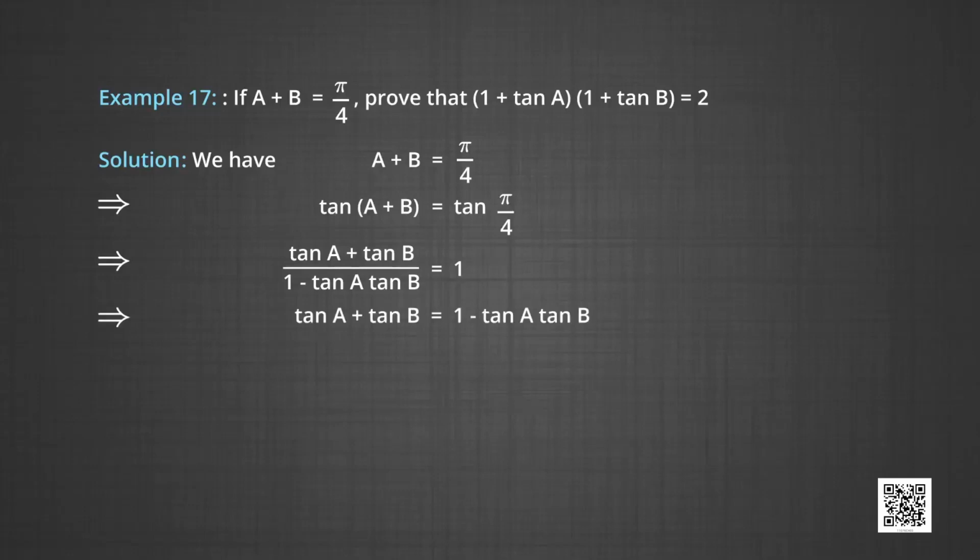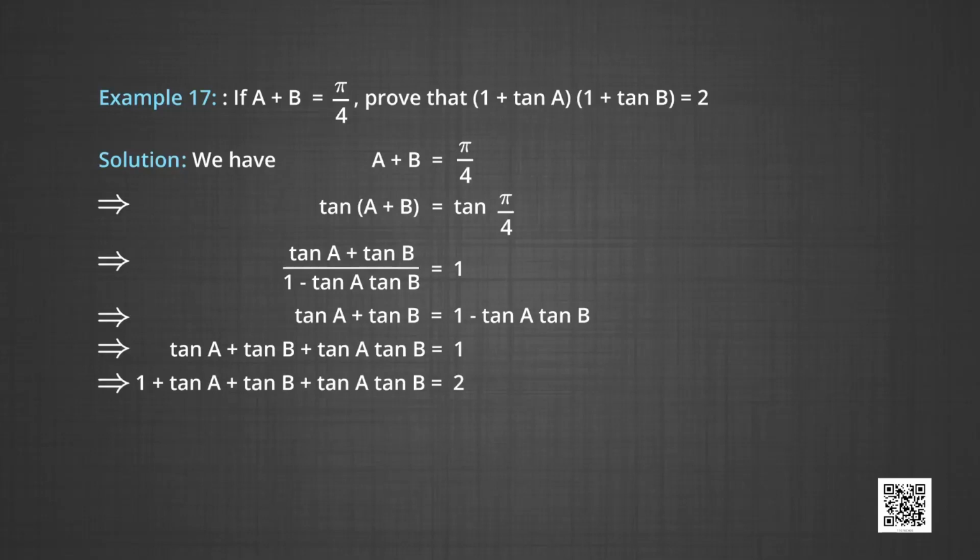We will now cross multiply and we get tan a plus tan b is equal to 1 minus tan a into tan b. We rearrange the terms and we get tan a plus tan b plus tan of a into tan of b is 1. We add 1 to both the sides.